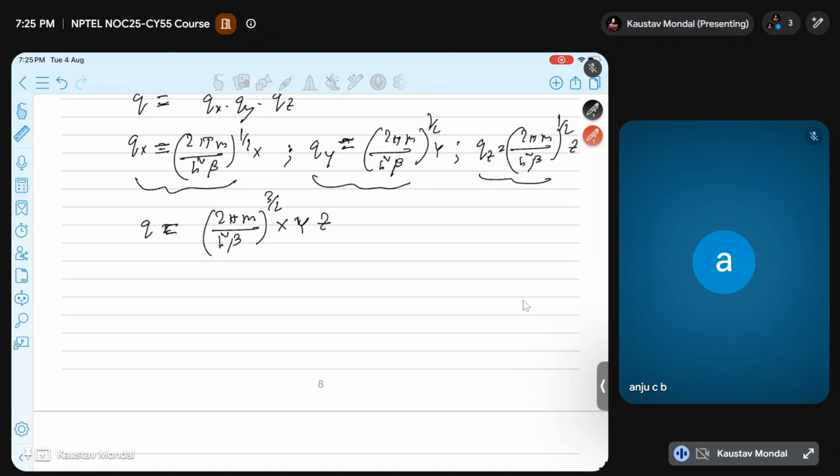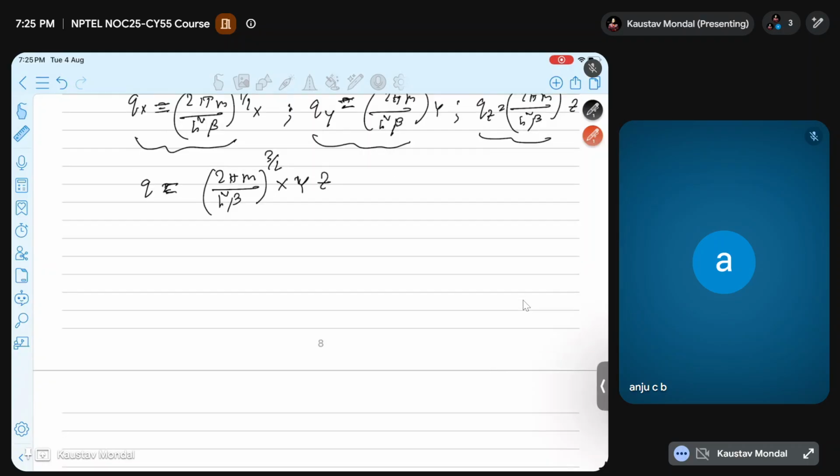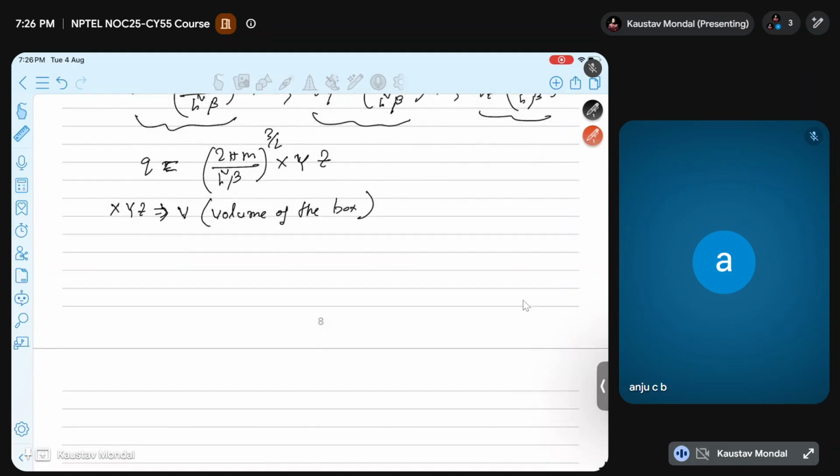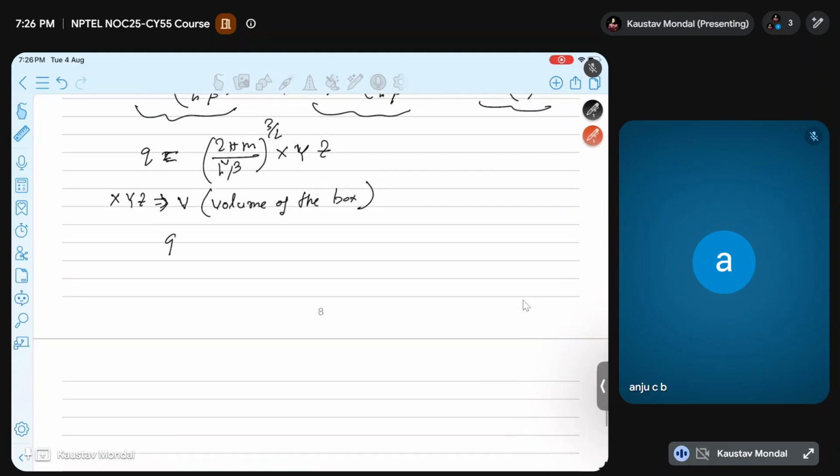Now what we can do is take the multiplicity. x, y, z are basically the sides of the box, along the x-axis, y-axis and z-axis. So xyz basically gives V, the volume of the box. If we have the volume of the box, then we can write this function in a simpler form. We write this thing as lambda, the thermal wavelength.